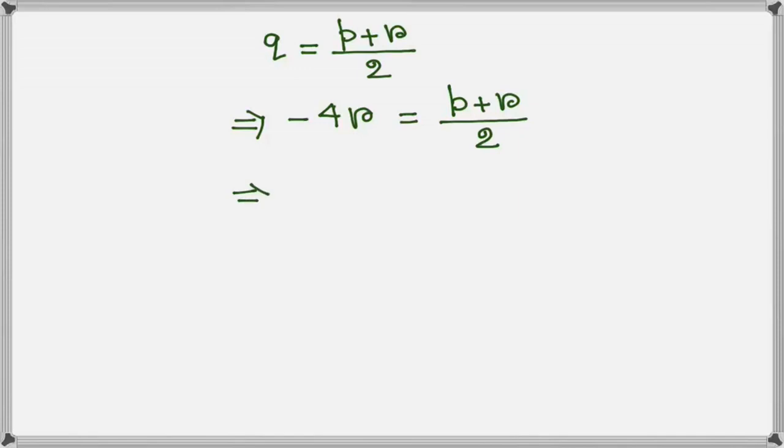This implies p is equal to minus 9r, and hence we have r divided by p is equal to minus 1 over 9.